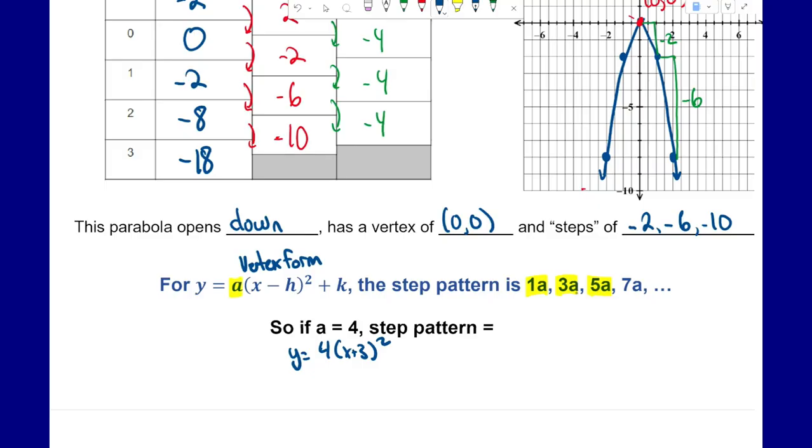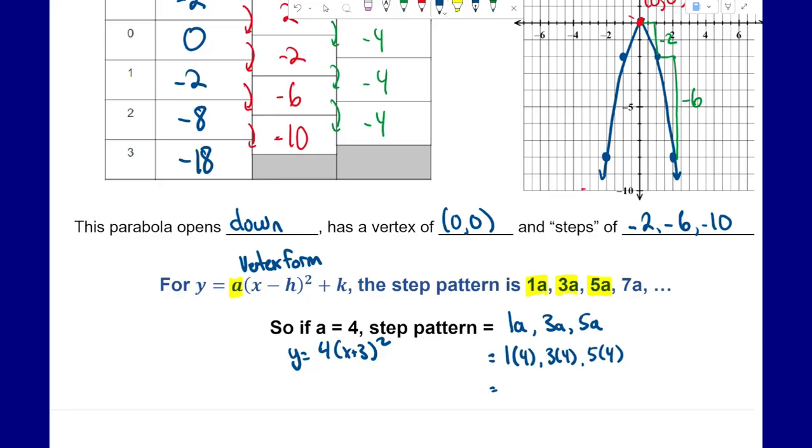My step pattern would be following the general pattern, 1a, 3a, 5a. You could do 7a and so on if you wanted to, but you don't need to. That means it's going to be 1 times 4, because a is our 4, or a value is 4, 3 times 4, and 5 times 4.